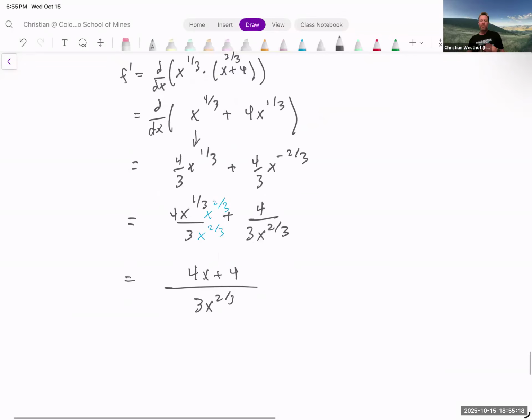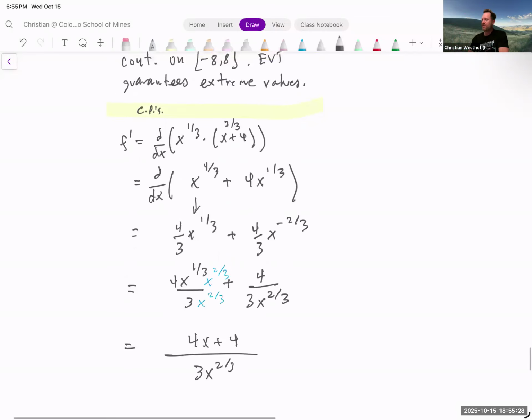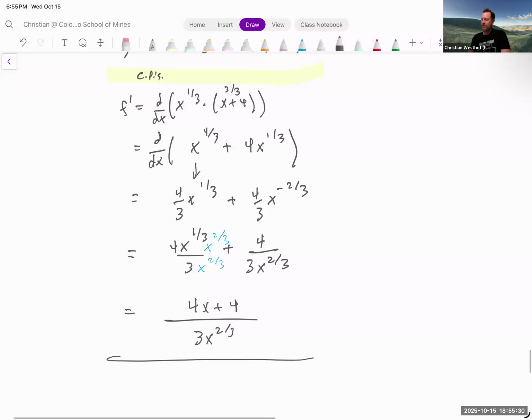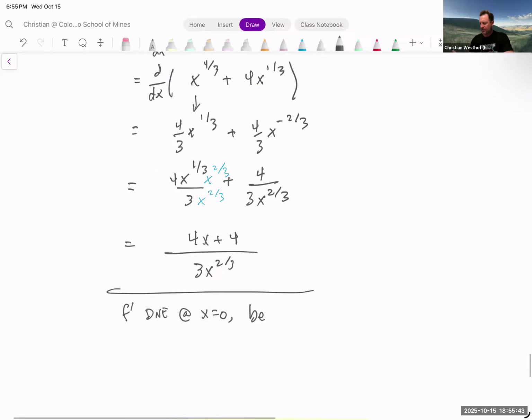Now, if that's our derivative, we have a numerator and denominator, and we can more clearly see when it would be 0 and when it would not exist. To decide where the derivative doesn't exist, f prime does not exist at x equals 0, because we're looking at when the denominator could be 0. If the denominator is 0, the derivative doesn't exist. We can't have 0 in the denominator. It makes the derivative undefined.